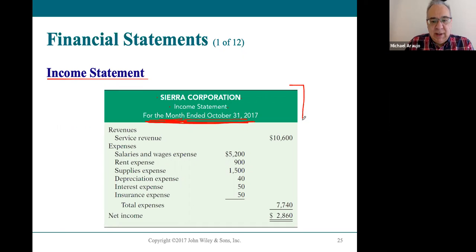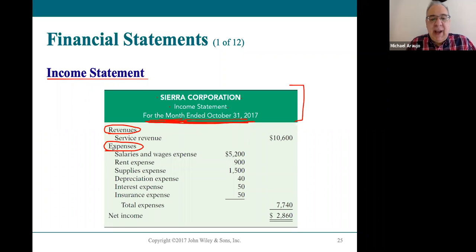This, by the way, is considered sort of like a heading of the financial statement. And what income statements have, they only have two major accounts that they talk about. They talk about all the revenue accounts of a company. How did the company earn money by selling what it does? Now, this particular company is simple. They only give tours. So tours is a service, giving a tour is a service.